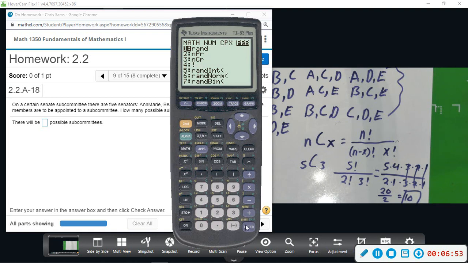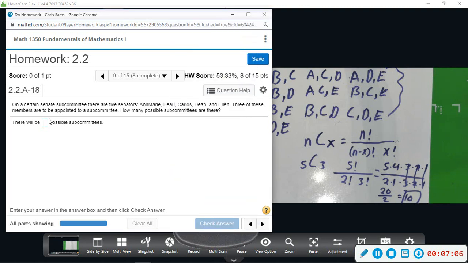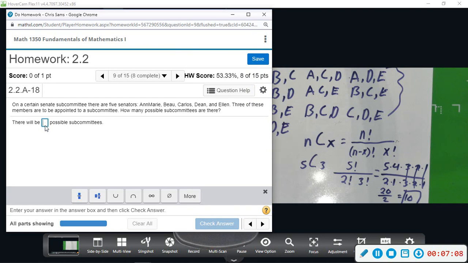So we're going to do 3 for nCr, and then we wanted 3 for our second number. So if we do 5 nCr 3, it gives us 10. So there's 10 possible subcommittees that can be formed if we have 5 and we're choosing 3.